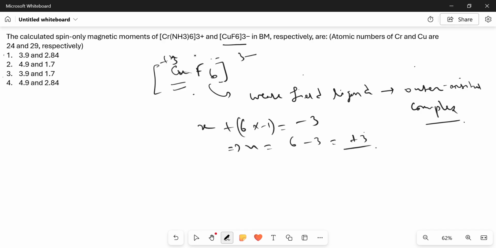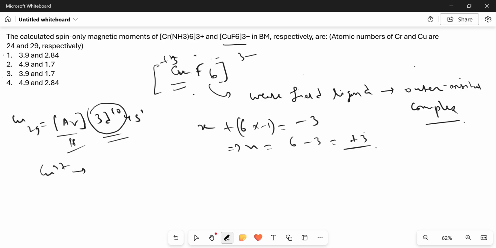Now what is the electronic configuration of copper, 29? Argon 3d10 4s1, because to get stability it becomes 3d10, not 3d9 4s2, just like chromium. Now in the case of Cu3+ it becomes [Ar]3d8, because one electron comes out from 4s and two electrons from 3d.